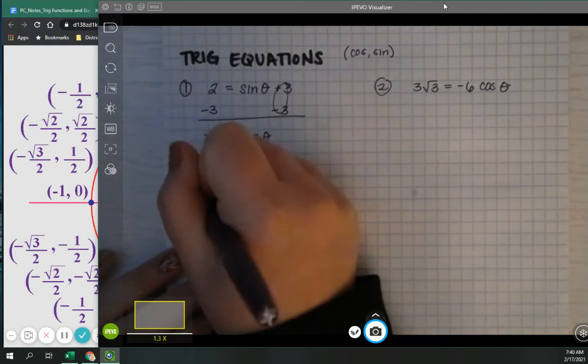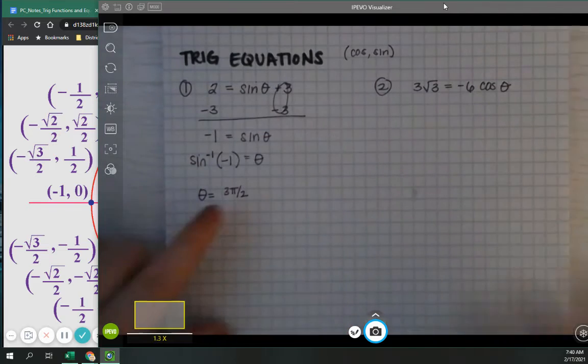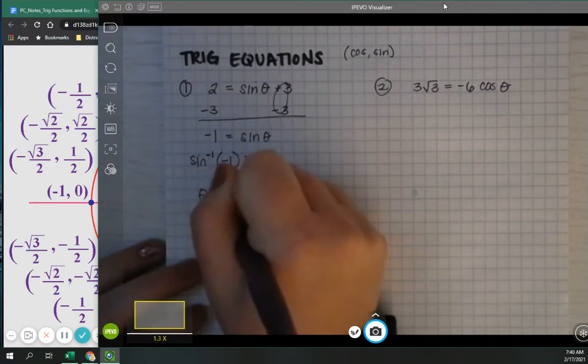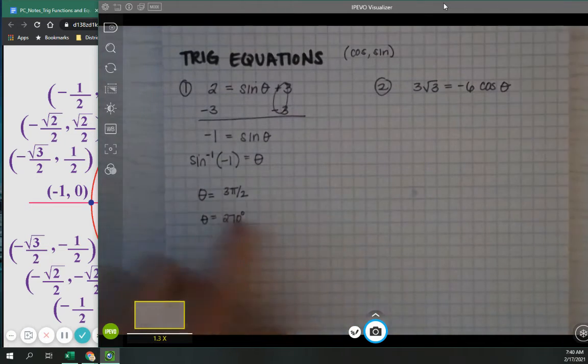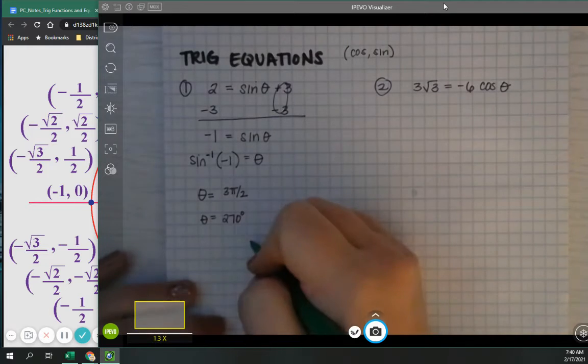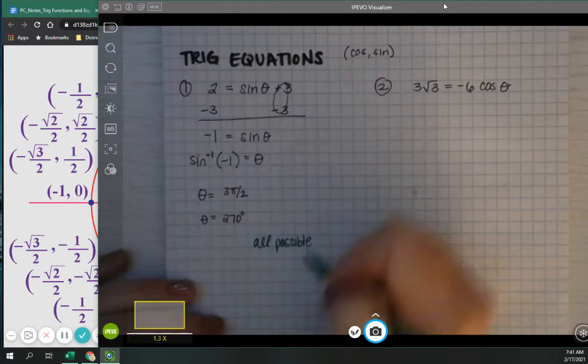So for theta, I can put 3 pi over 2 if I'm dealing with radians, and I can also say 270 degrees.